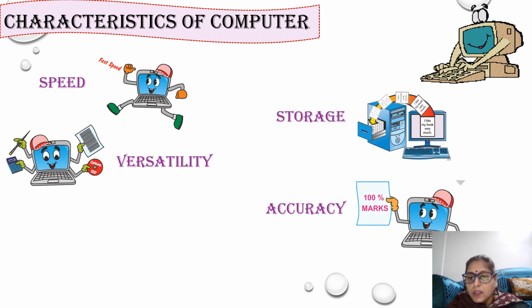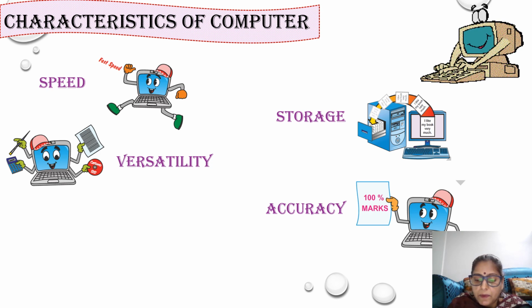Now, the fourth characteristic of computer is accuracy. What, children? Accuracy. A computer not only provides incredible speed, they are also capable of constantly working with accuracy. Right? Means the degree of accuracy of computer is very high. Computer can perform calculations at almost 100% accuracy.